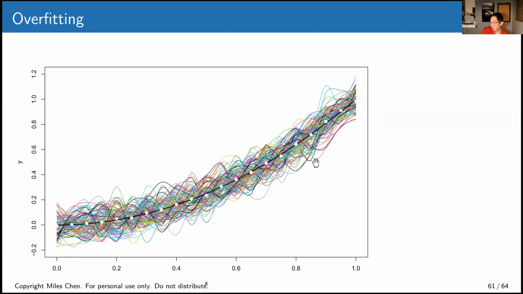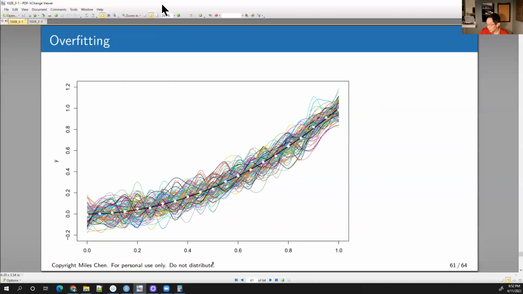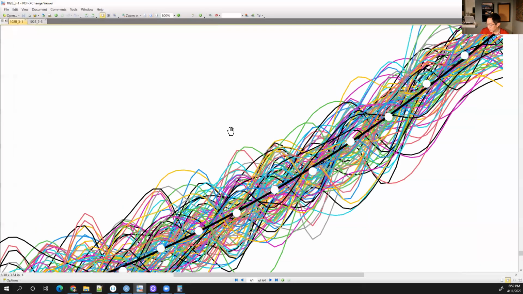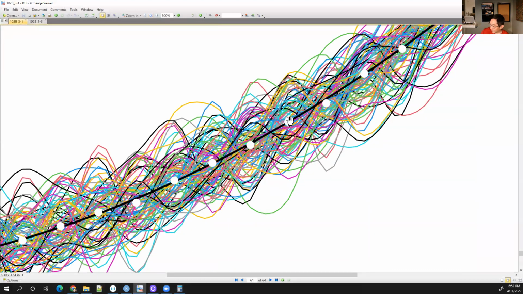Over here, we get rainbow spaghetti, and the lines are way different from each other. But if you average the points, we get something that's not exactly on the black line.